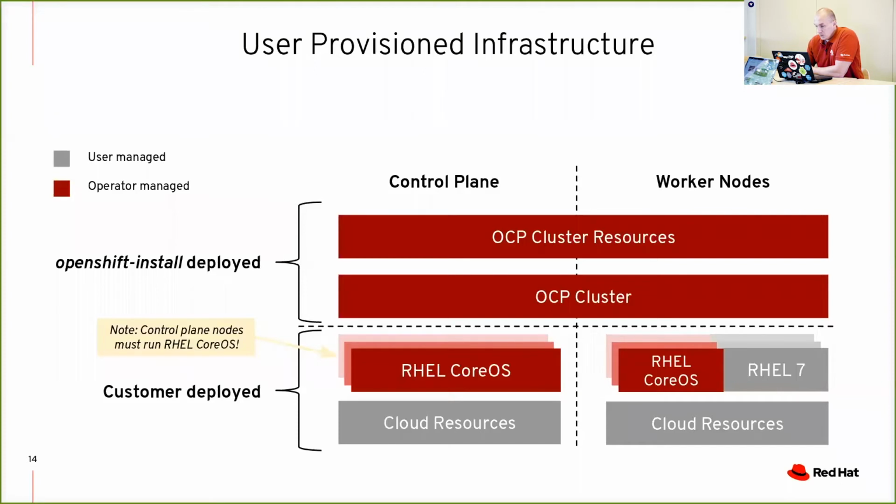You can see that for both options, you can use RHEL CoreOS as an operating system, but in the second option, there is also the possibility to run full Red Hat Enterprise Linux as an operating system, but only for worker nodes.